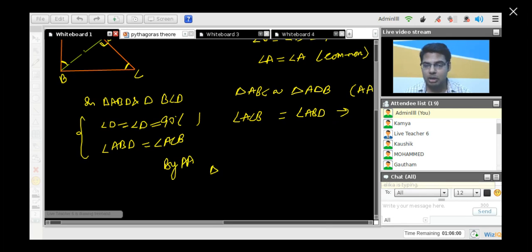We need to have basics very, very clear. So here we have triangle ABD similar to triangle BCD, right? If you want to cross-check whether the sequence is correct, D equal to D, so at the end we should have D. Now ABD equal to ACB, so here we have B, so here we should have C. Fine. This is how we can prove these triangles similar. Anyone having any doubt in this? Yes friends?